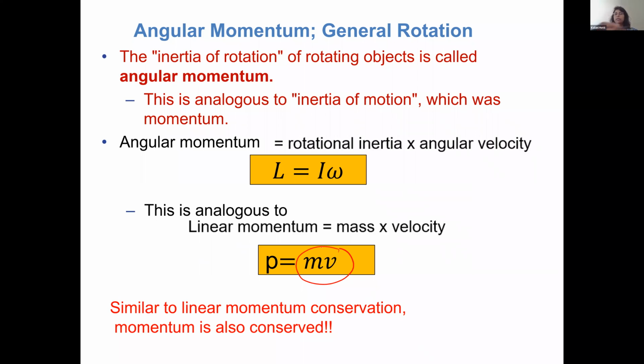Angular momentum is similar: mass will be converted into mass distribution, and velocity will be converted into angular speed. So angular momentum is defined as I times omega.